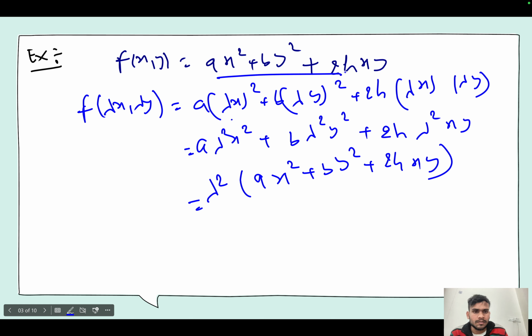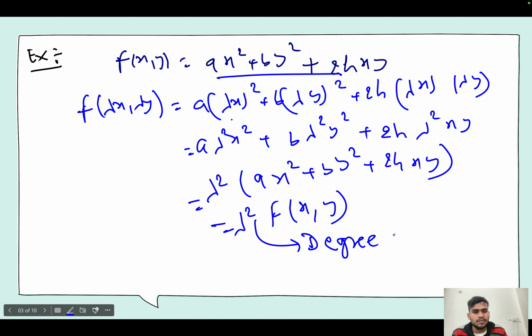So it becomes λ square f(x, y). So the degree of this function is 2. We have found a homogeneous function of degree 2.